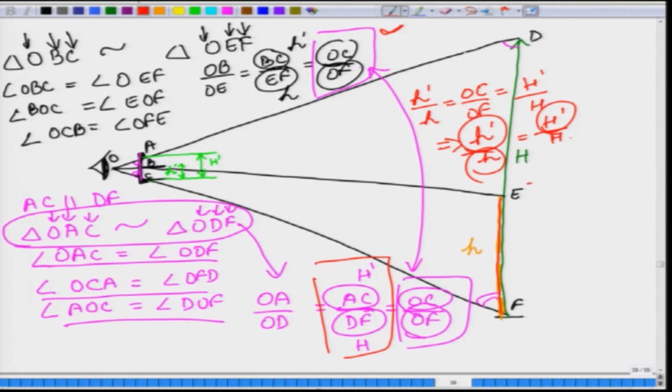So, if you rearrange this equation, you get capital H is equal to h prime into capital H prime by h prime. So, this is how you can make use of a hypsometer and the method of similar triangles to find out the height of a tree.